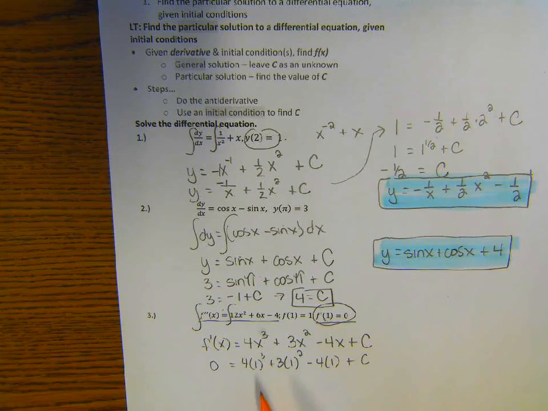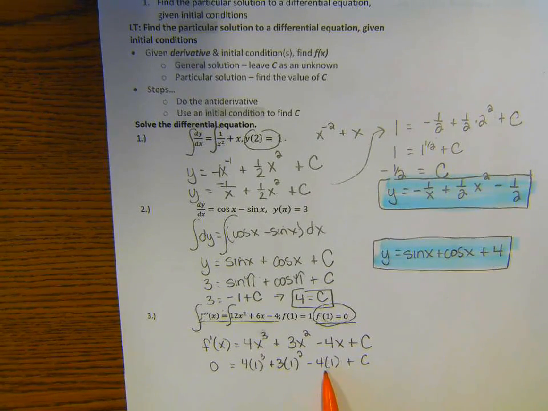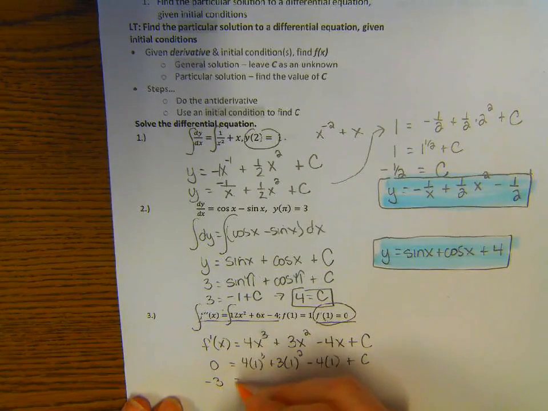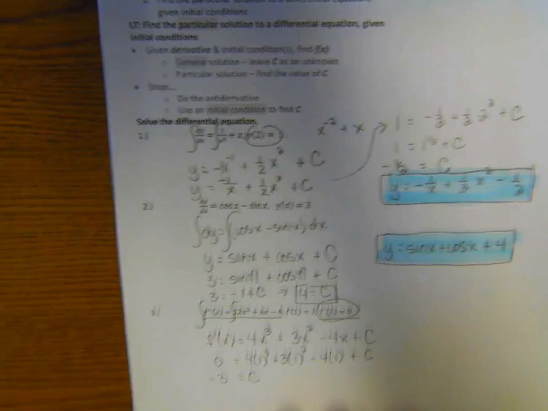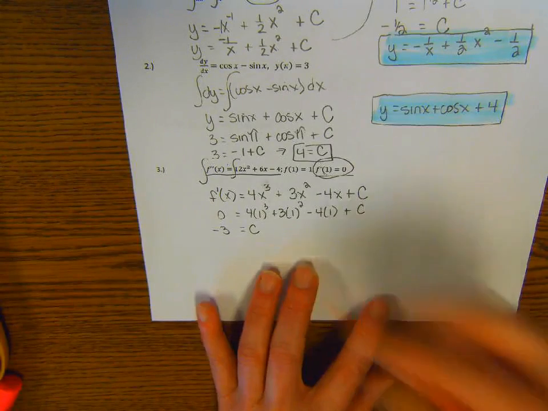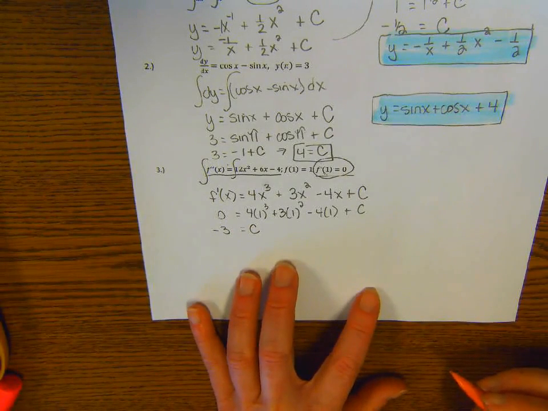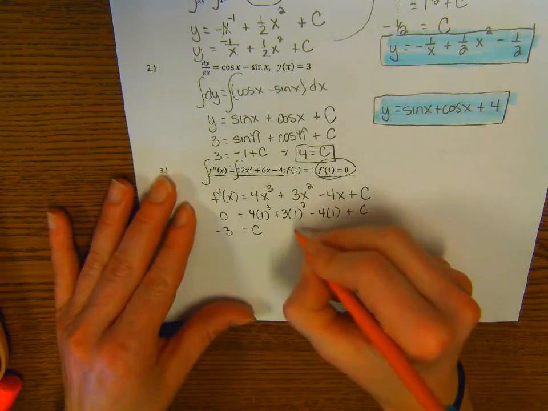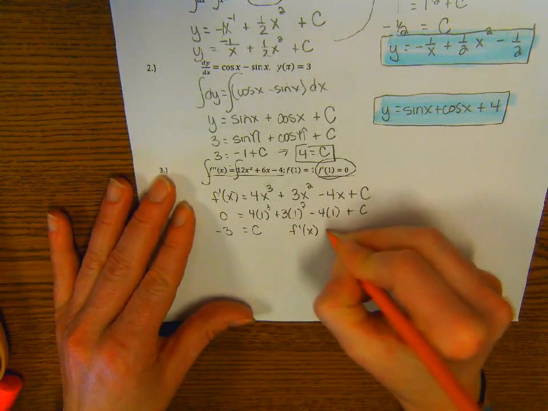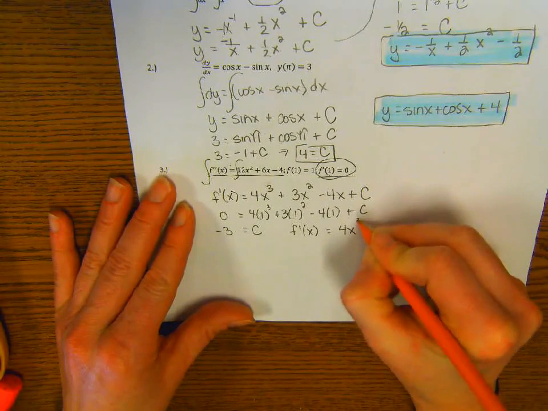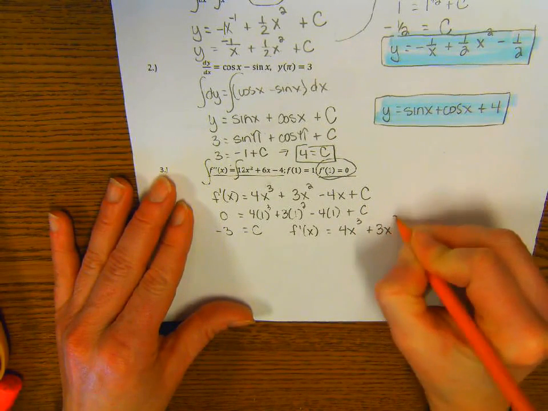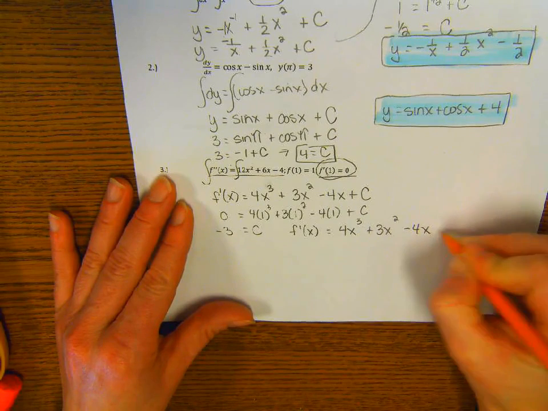Because no matter what you raise 1 to, it's going to be 1. We got 3, move it to the other side. Isn't c -3? Yes. So that means f prime of x is 4x cubed plus 3x squared minus 4x minus 3.